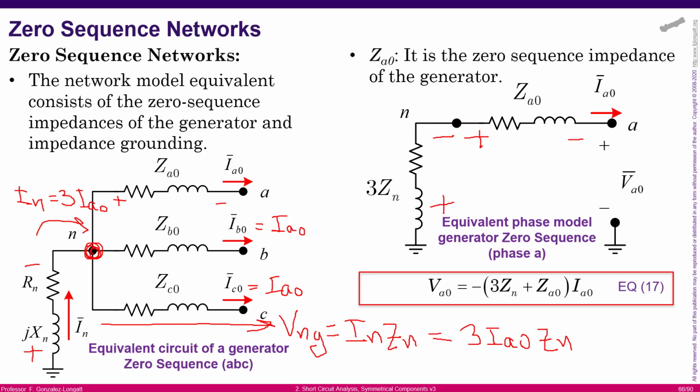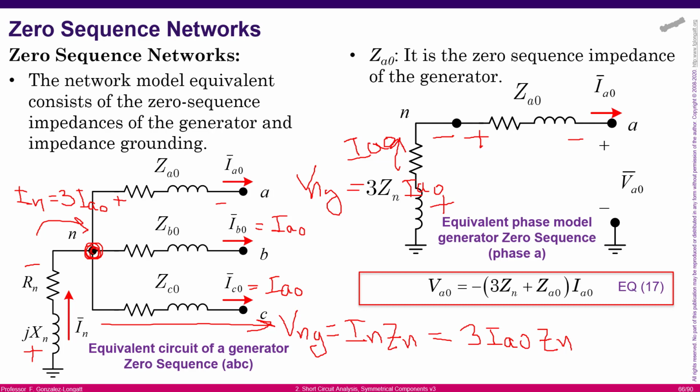Now, what we can do to represent the same voltage drop here is, in this case, we are assuming that there is only one zero current moving in this series circuit. But if we look over here, the voltage drop between the neutral and ground point will be 3 times the neutral point zero sequence.